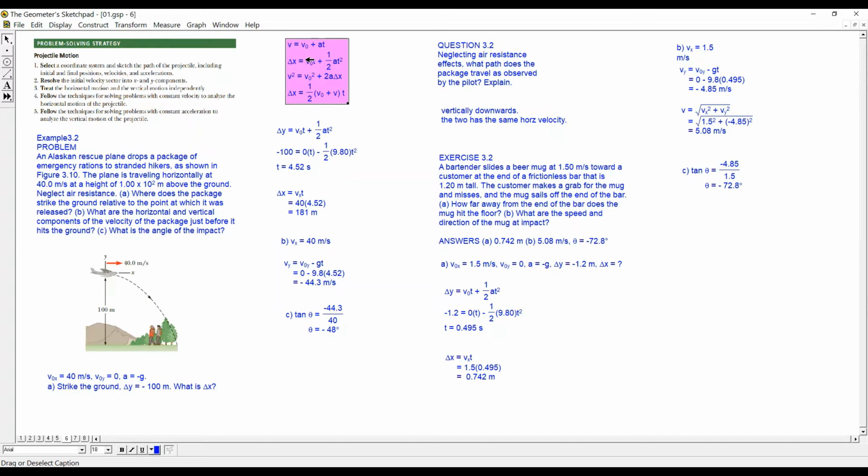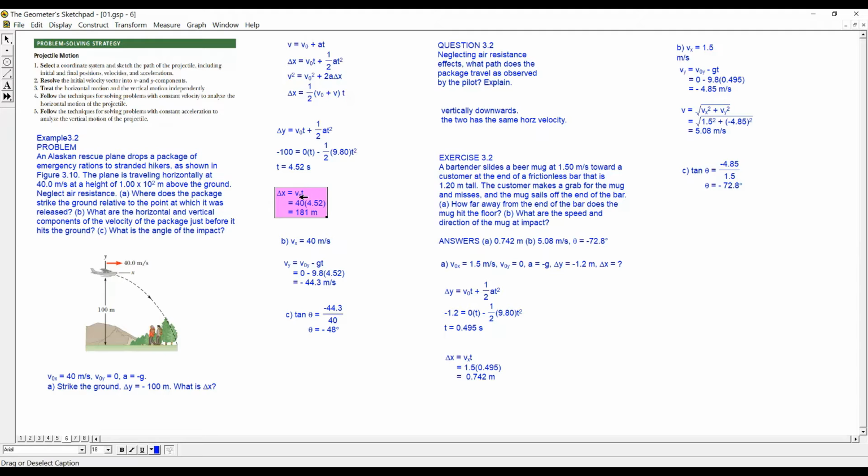So in order to find the horizontal distance, the horizontal distance is the horizontal velocity multiplied by the time. But we don't know the time, right? Even though we know the horizontal component of the velocity is 40, we don't know the time here.